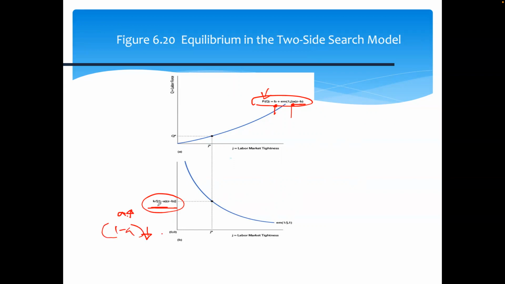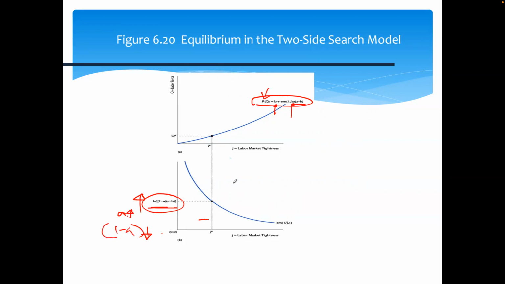If the firm has less bargaining power, then this entire value is going to increase, meaning they are going to derive less surplus. They are going to have lower incentive to offer job vacancies, right?